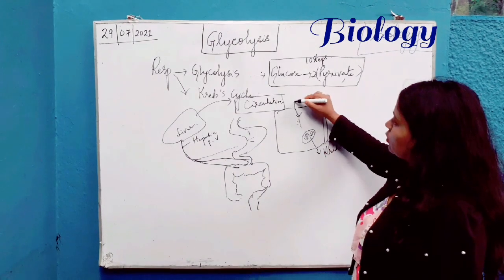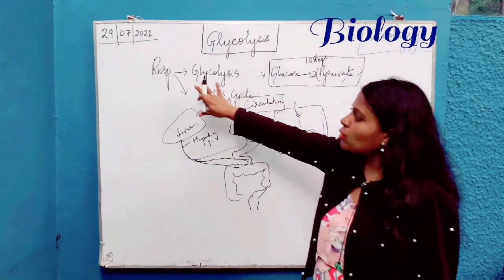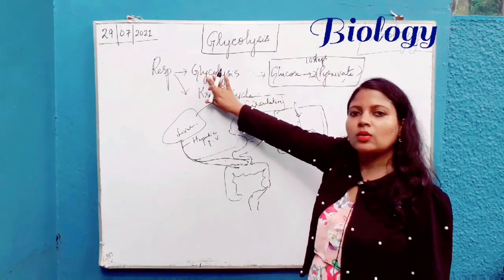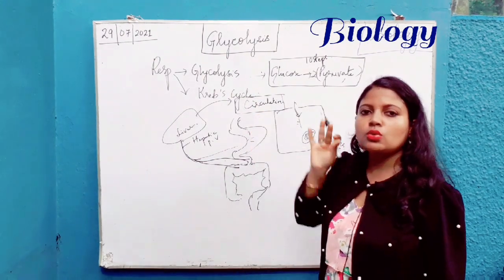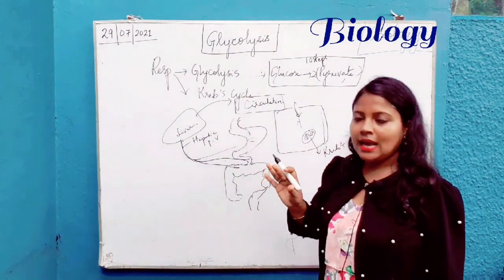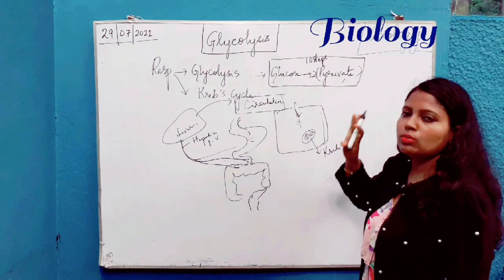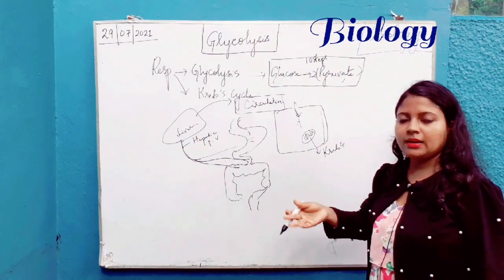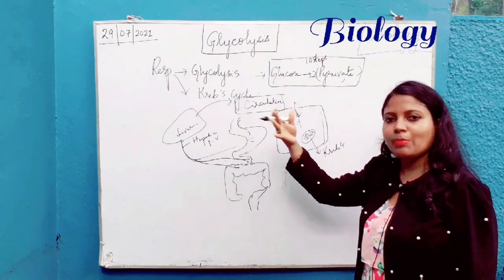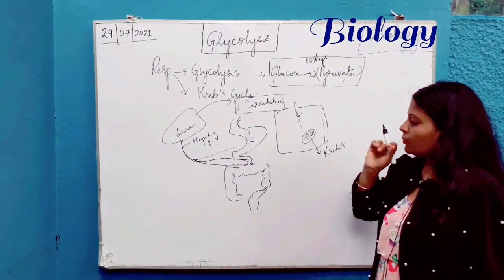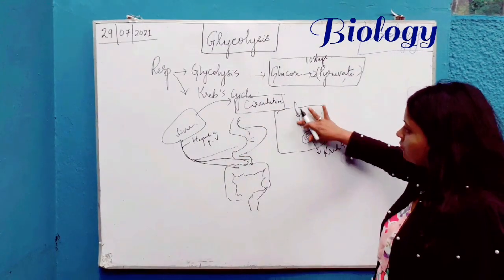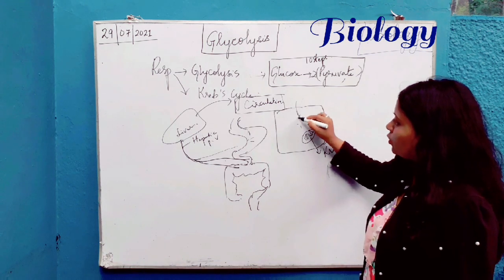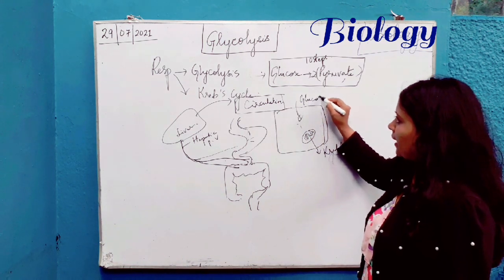The first process in glycolysis is that glucose has to be split into two molecules which ultimately form pyruvate. Okay. So the first process is that the glucose needs to enter.